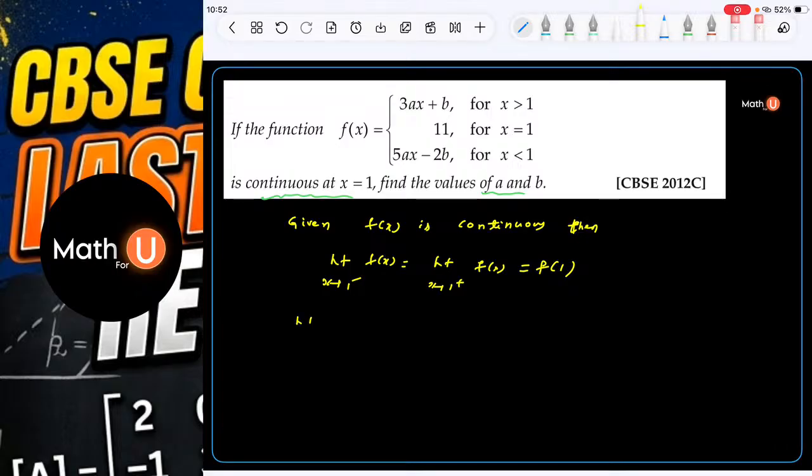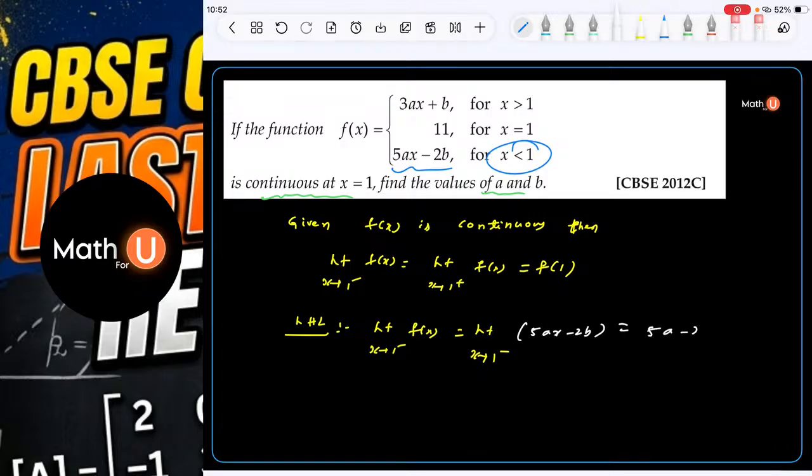First find left hand limit. Limit x tends to 1 minus f of x, for left hand limit less than symbol, this one we consider this is the function, 5ax minus 2b. Wherever the x is there replace with 1, we get 5a minus 2b.